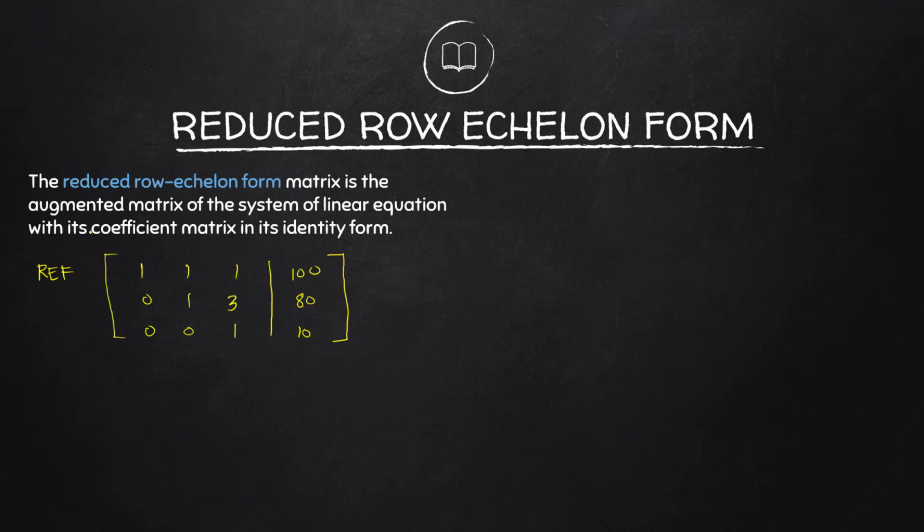But then, let us apply the Gauss-Jordan elimination for us to arrive with the RREF, which immediately yields the solution of the system of linear equations. So to do that, from here, we will use back elimination.